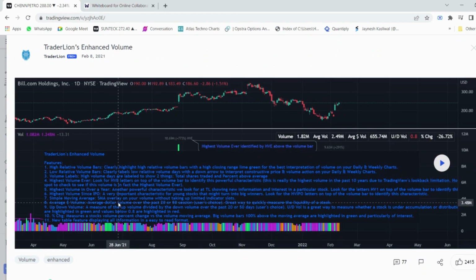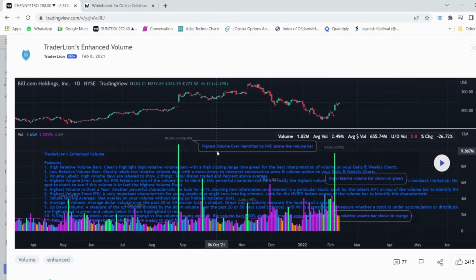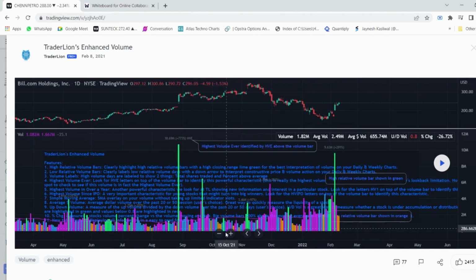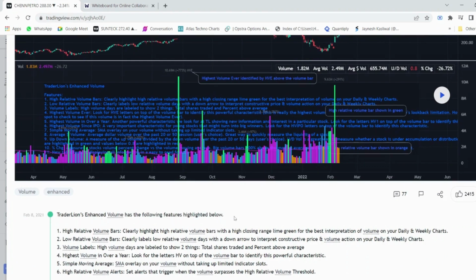We can apply simple moving averages on the relative volume bar, up and down volume, and percentage change compared to the previous volume. So this is the highest ever volume identified above the volume bar. These volume bars can help you to identify different things, and you can analyze on your own depending upon the volumes that are present on the chart.